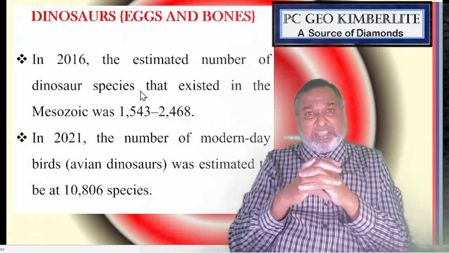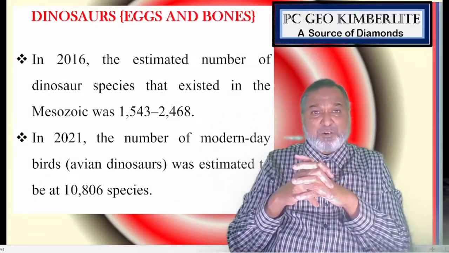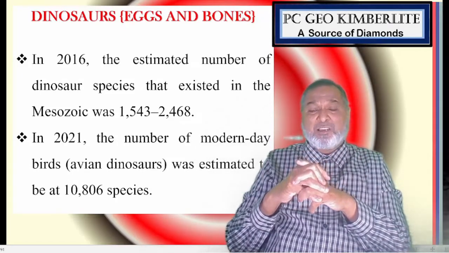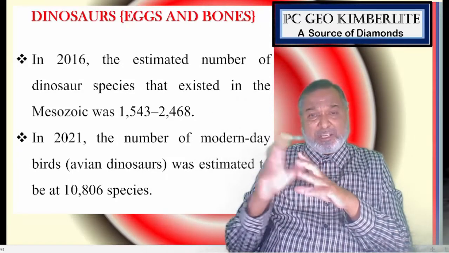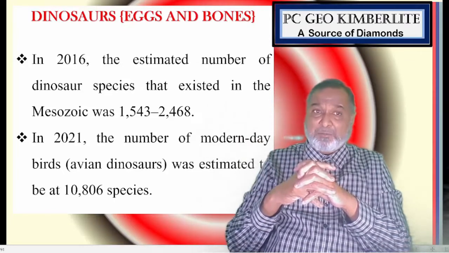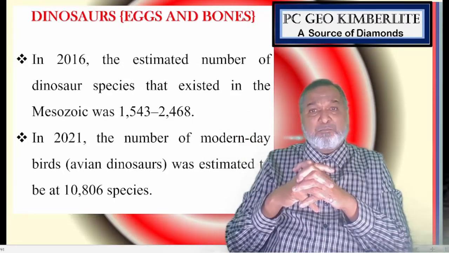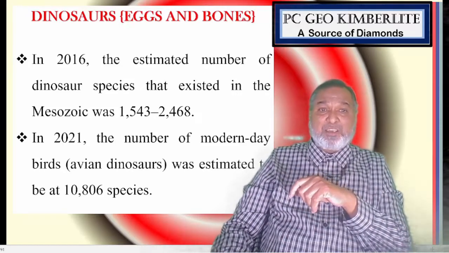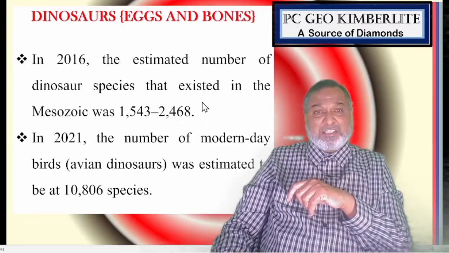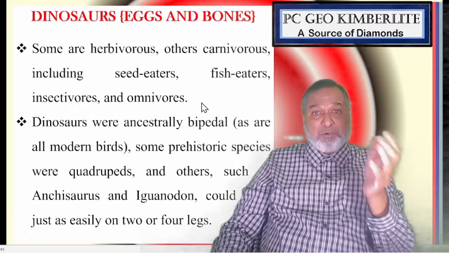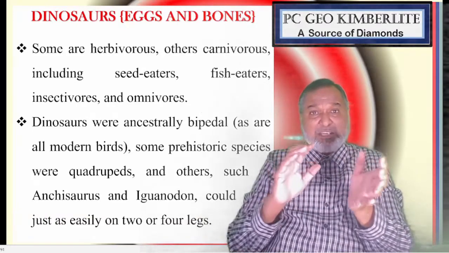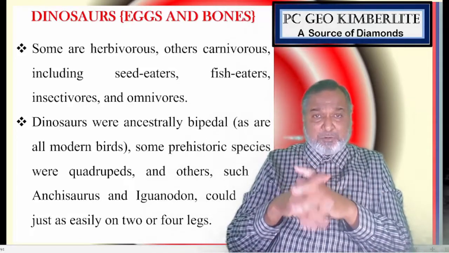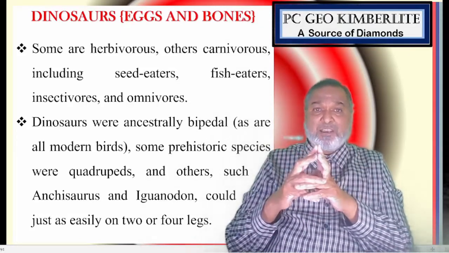In 2006, the estimated number of dinosaur species that existed in the Mesozoic was 1,543 to 2,468. In 2021, the number of modern-day birds, the avian dinosaurs, was estimated to be 10,806 species. Some are herbivorous, others carnivorous, including seed eaters, fish eaters, insectivorous and omnivorous.